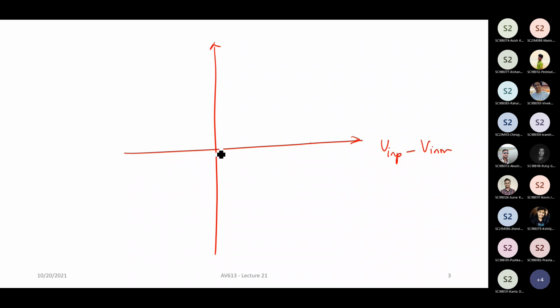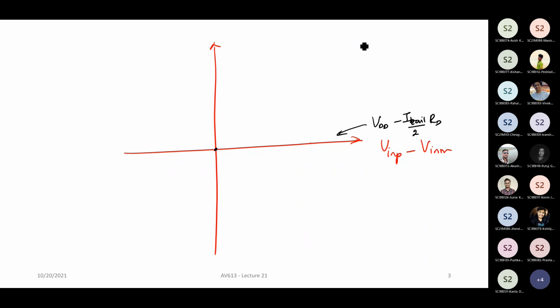Okay. Now, when you have both V in P and V in M meeting at this particular point, this x-axis point is nothing but VDD minus I tail by 2 into RD, right? This is the x-axis y-axis point here, right? Now, as you increase the differential voltage, what happens?